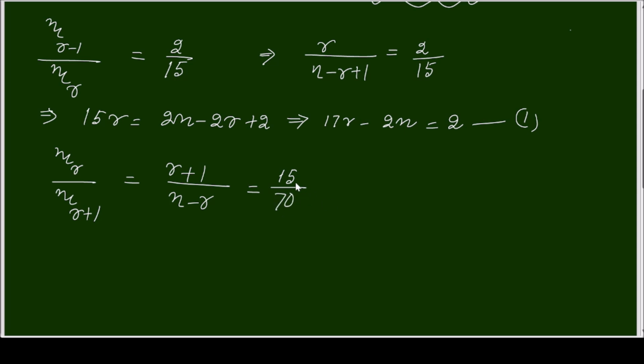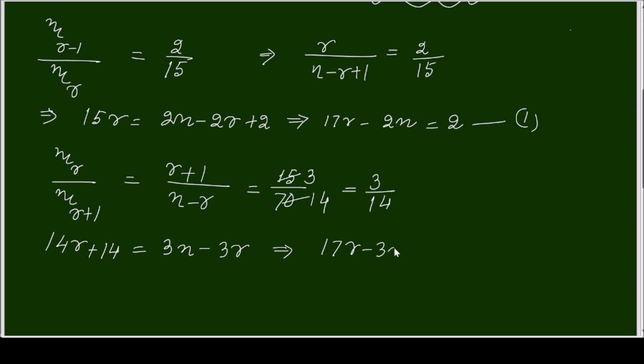You will simplify, it will be 3 and 5, 3 and 14, so this equals 3 over 14. So again cross multiplying, you are getting 14 times r plus 14 equals 3 times n minus 3 times r, or 17r minus 3n equals minus 14. So this is equation 2.